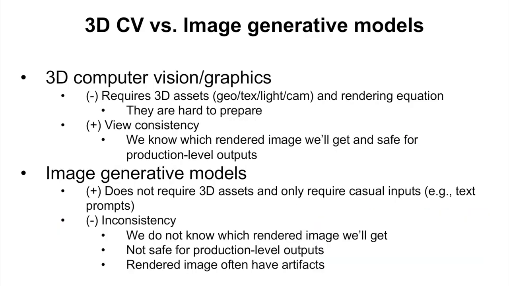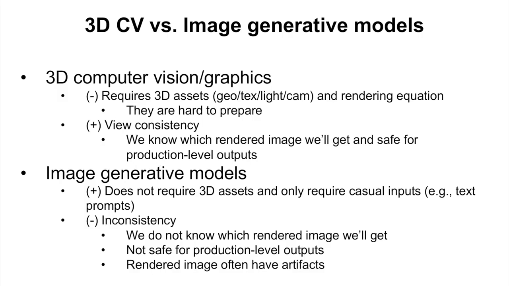So in summary, 3D computer vision and graphics requires 3D assets, geometry, texture, light, camera, and it uses the rendering equation. But the limitation is that such 3D assets are hard to get. Let's say we have a single image, we cannot get 3D geometry, we cannot get 3D texture because of depth and scale ambiguity. We need at least two view images, right?